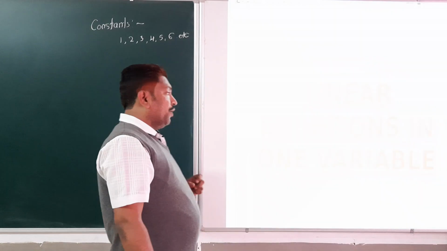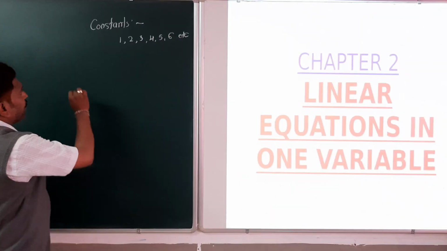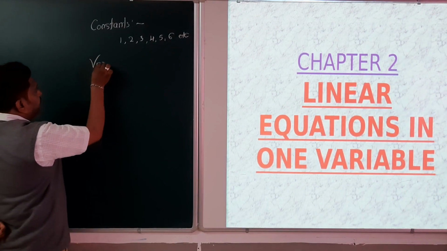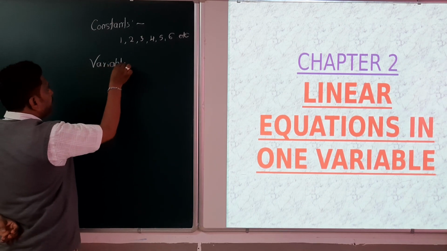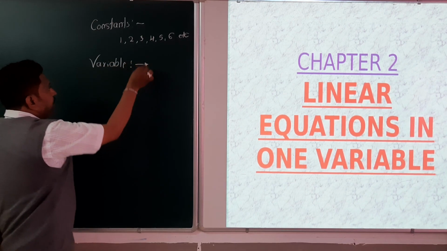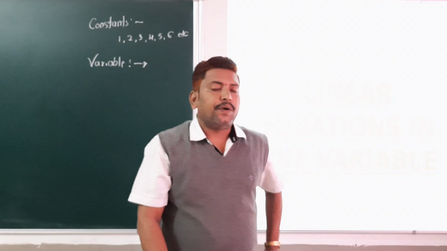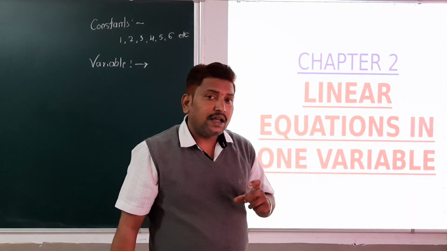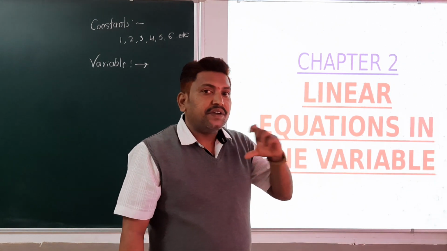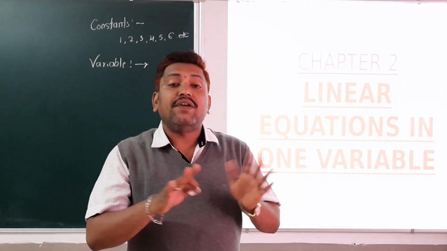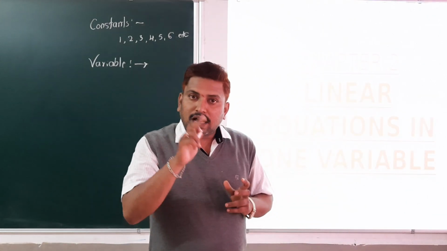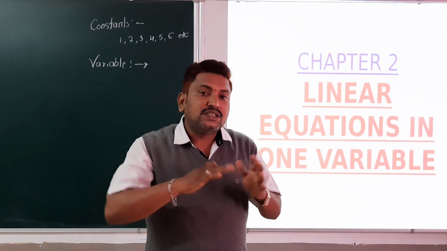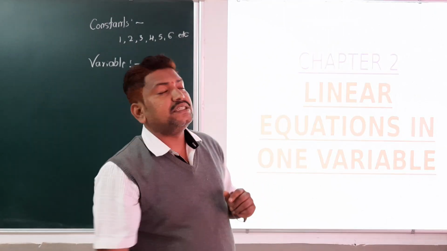Next point, variables. This is a very important point. What do you mean by variable? Keep in mind, it is very important. Variables are symbols which do not have any fixed value.